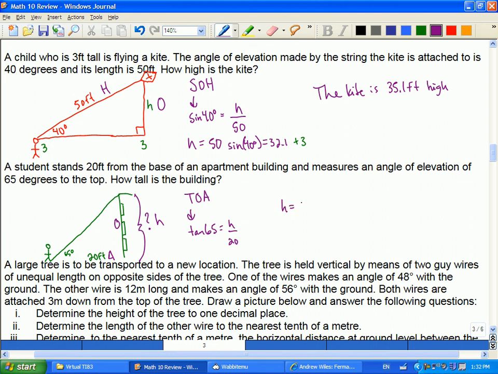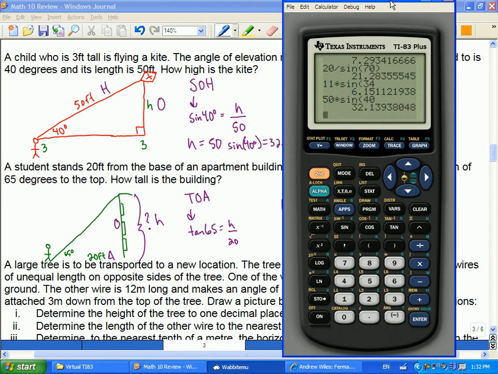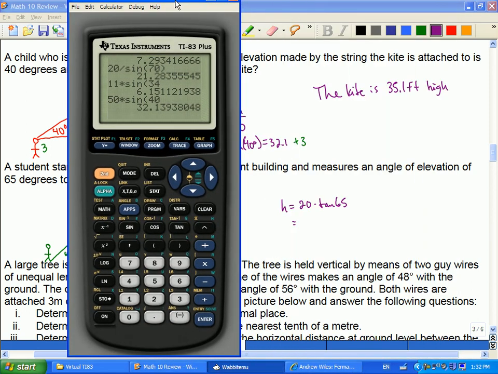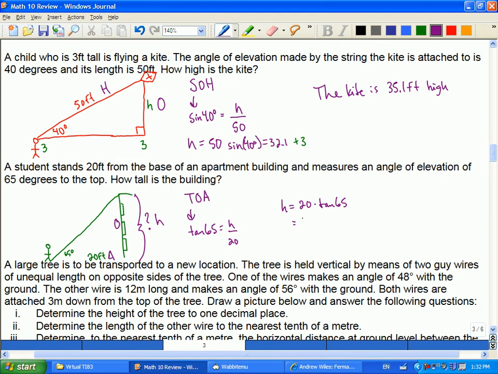So the height of this building is 20 times the tangent of 65 degrees. I got 42.9, so 43. And we're in feet.